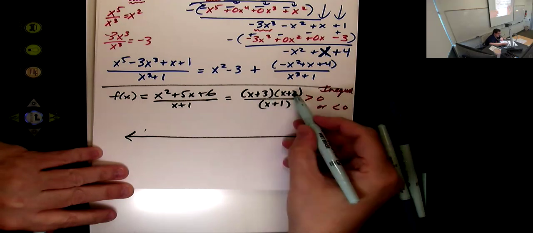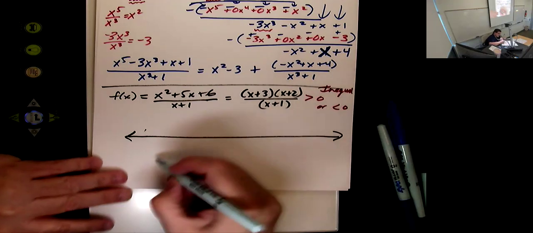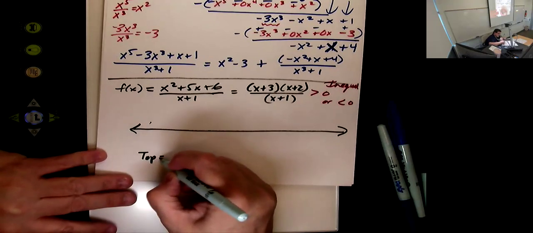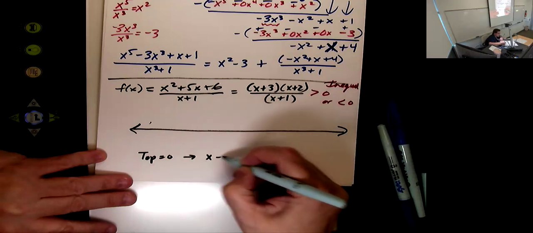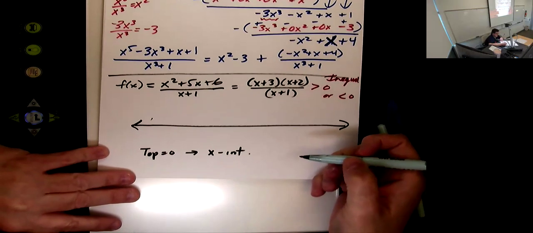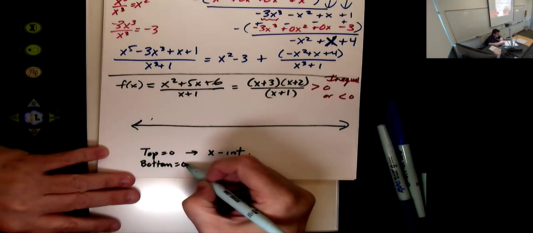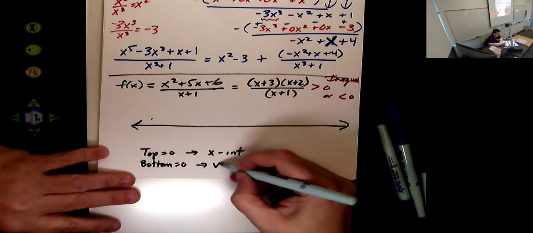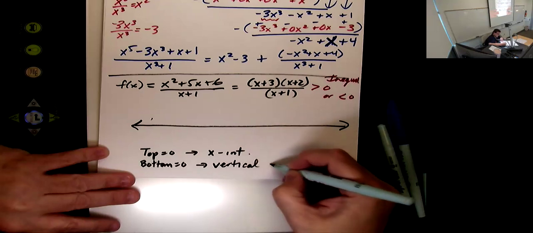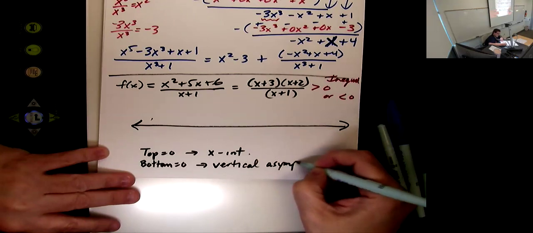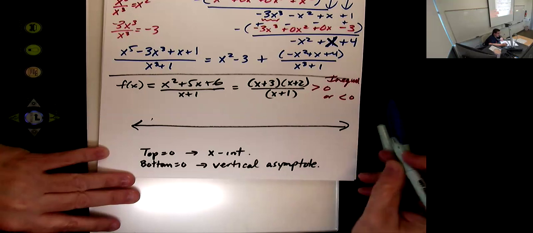Anywhere the top equals 0 is actually an x-intercept. Where the bottom equals 0 is called a vertical asymptote. If you've heard of them before, great. If not, you're going to hear about them in about 20 minutes.